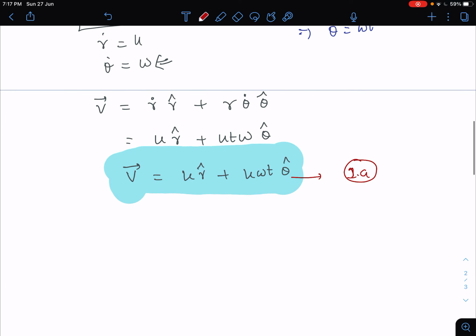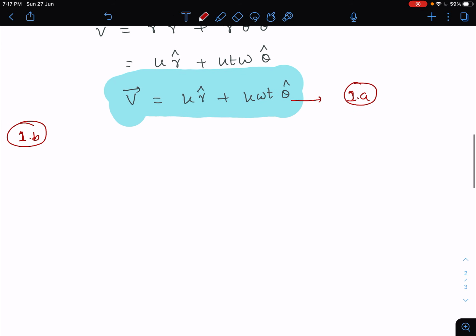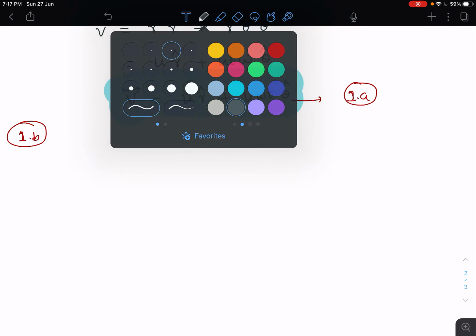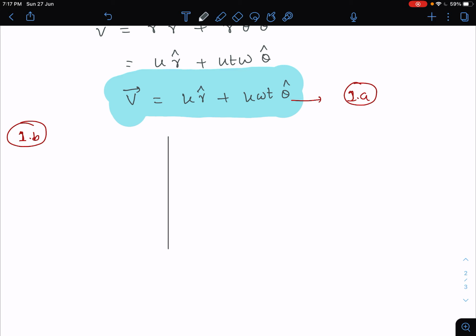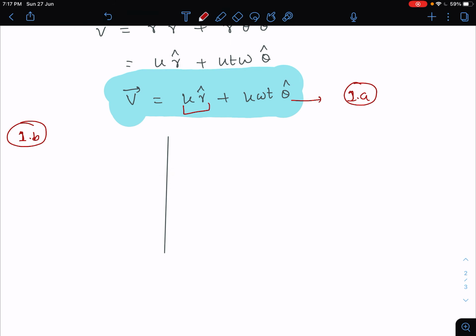Now it's part 1b. In part 1b, we need to find the same thing in Cartesian coordinates. The better way is this: here we have the expressions for Vr and V theta, that is Vr is just u and V theta is u omega t.